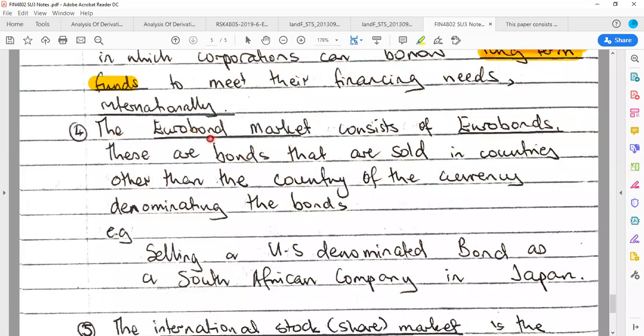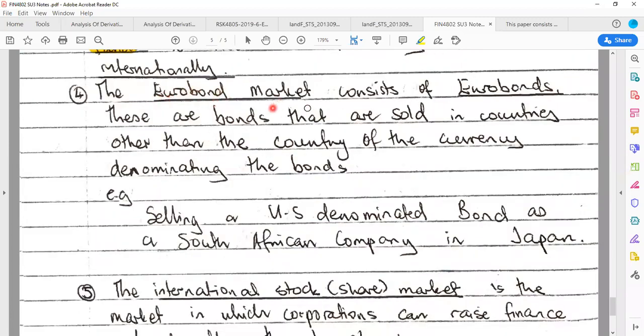We also have a very important market called the Euro bond market, which consists of the issue of what we call Euro bonds. So these are some words you can come across. These are bonds that are sold in countries other than the country of the currency denominating the bond.